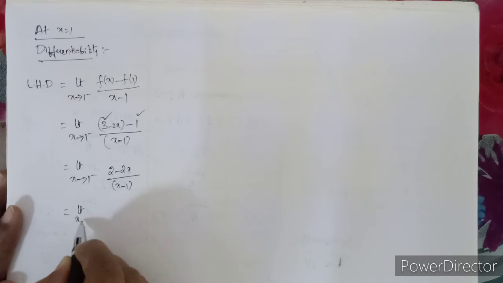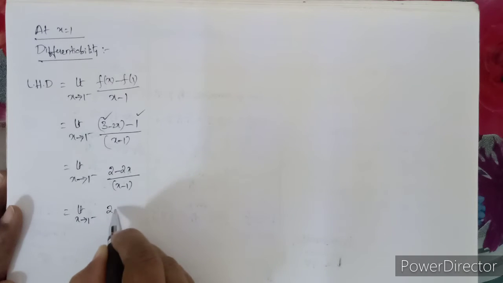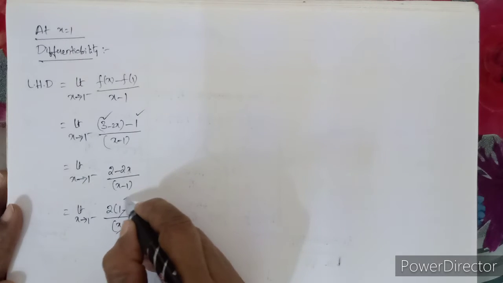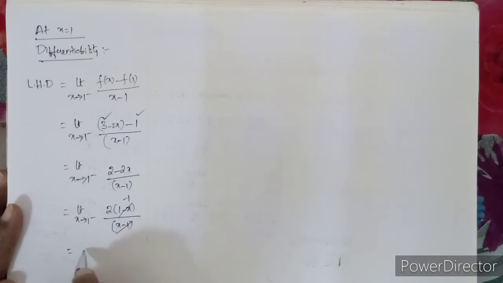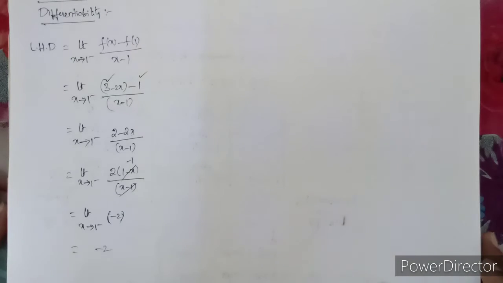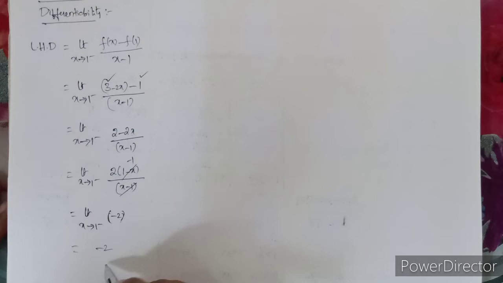We take 2 as common. Cancel x minus 1, this is minus 1 times. So 2 into minus 1 is minus 2. Limit of constant is constant. So we got left-handed derivative of f at x is equal to 1 is minus 2.